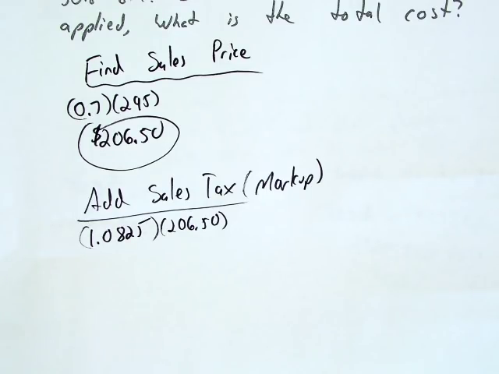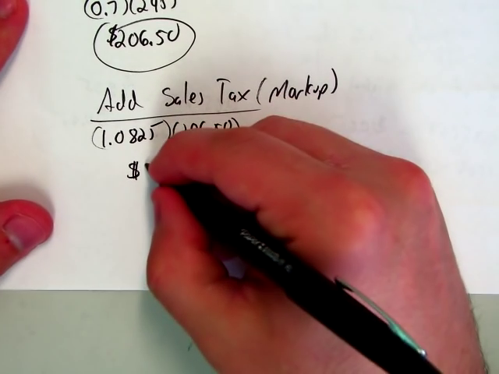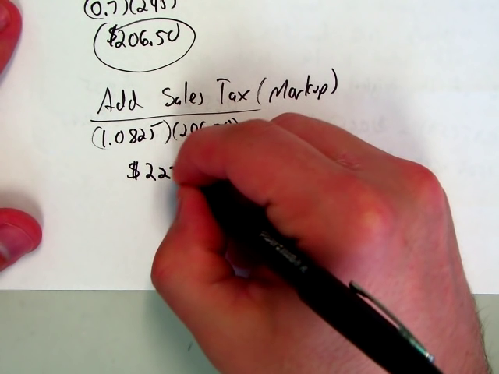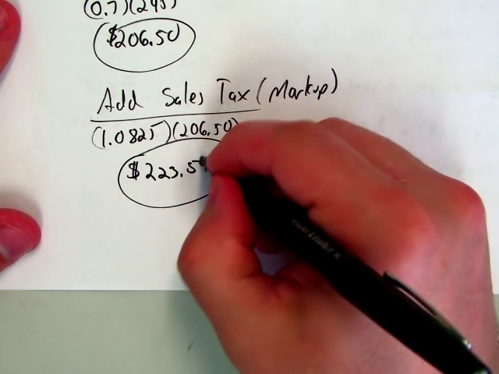And if we do that, and round to the nearest cent, our total cost would be $223.54.